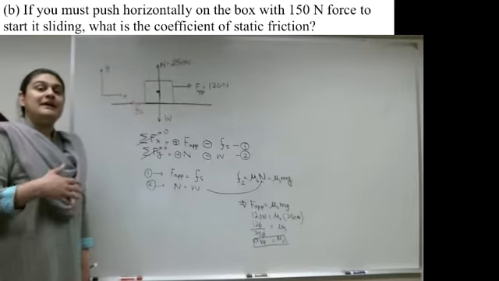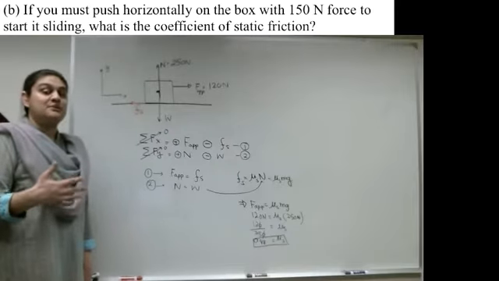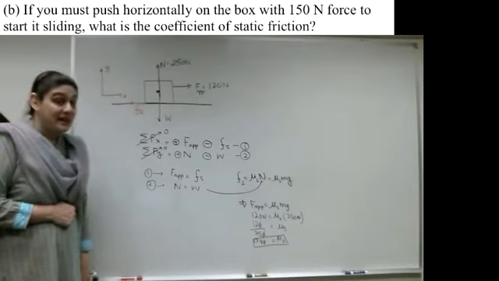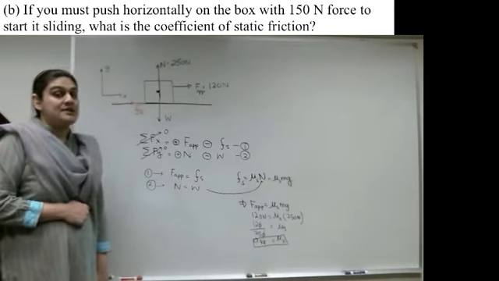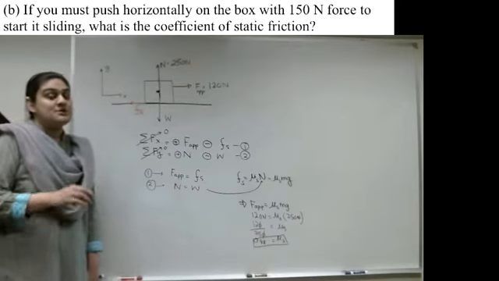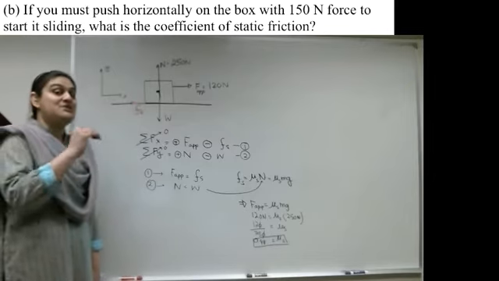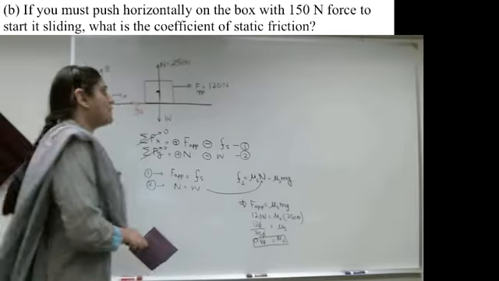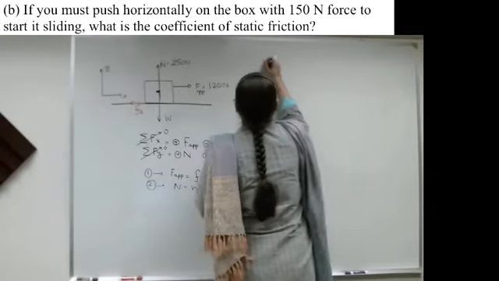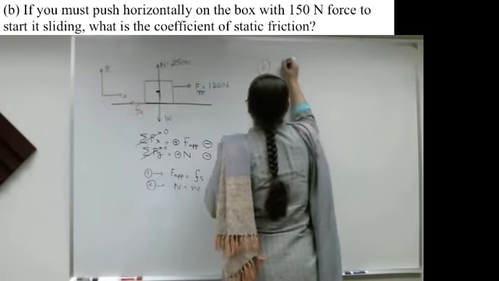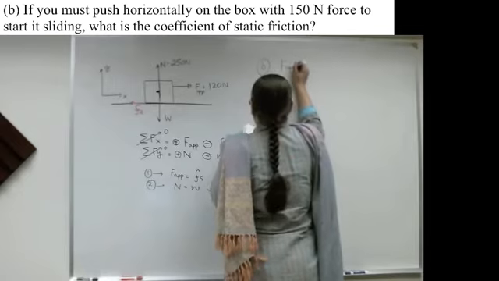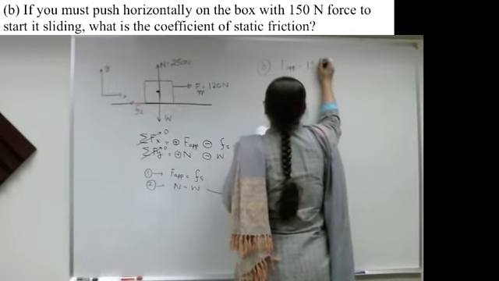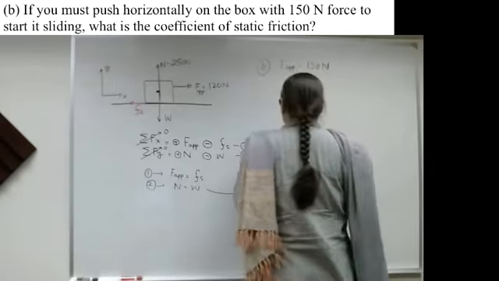Part B. Now, if you must push horizontally on the box with 150 newtons to get it to start sliding, what is the coefficient of static friction? So now the question is that it is just starting to slide as you apply more force to it. So for part B, you need to apply a force of 150 newtons to get it to start moving, right?